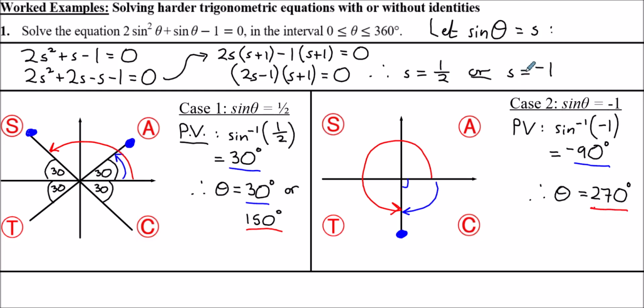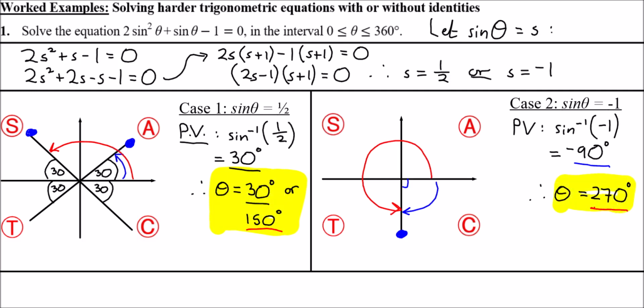Sine theta is only going to be equal to negative 1 once every 360 degree repetition of the sine function. So every 360 degrees on, it will be minus 1 again. So there's only going to be one value here, 270, yet two values here for theta, the case where sine theta is a half. And so what we do now is we put together these two cases to form the overall solution. So this is the first case.